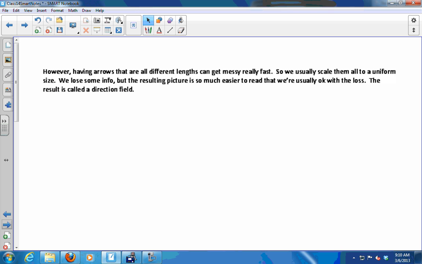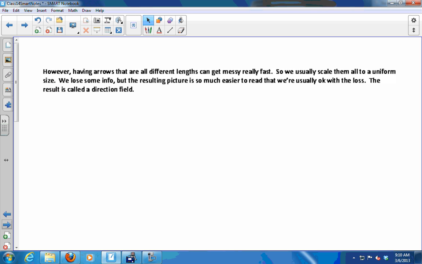So we usually just take all the vectors and scale them to a small uniform size so we can see just the direction. We lose information about the speed, but usually we're okay with that because it makes the picture so much easier to read.